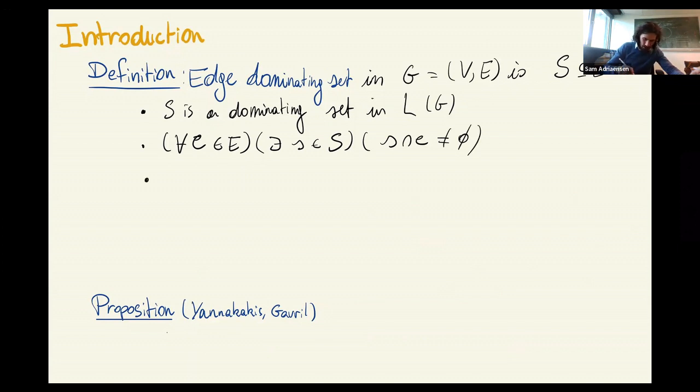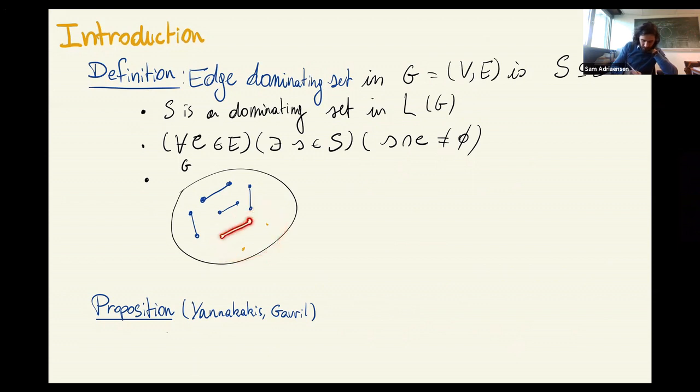And a third way you can define this is as follows. If you look in your graph, you have your edge dominating set. So you choose some edges in your graph. Then you can now look at the vertices which are not covered by the edges in S. Then these uncovered vertices cannot contain an edge, because if they would contain an edge, then this edge does not intersect any edge in your edge dominating set, which contradicts the definition.